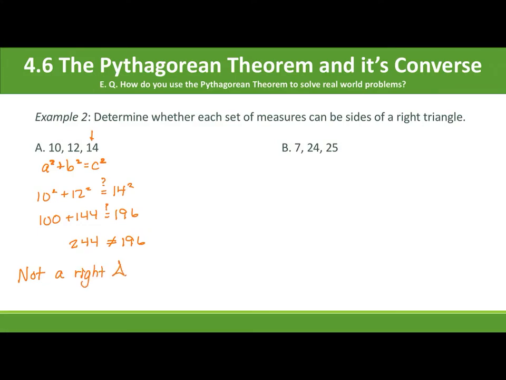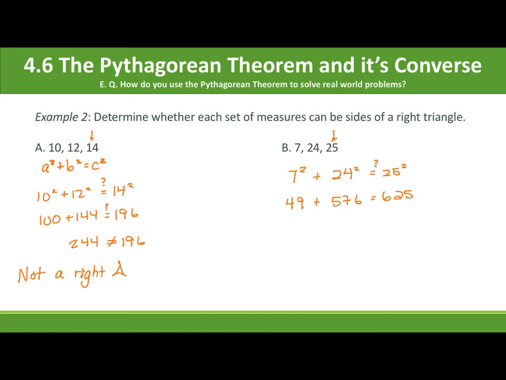Let's take a look at the next one. So we have 25 is our largest side, so we have 7 squared plus 24 squared, and that is equal to 25 squared. So we get 49 plus 576 is equal to 625.